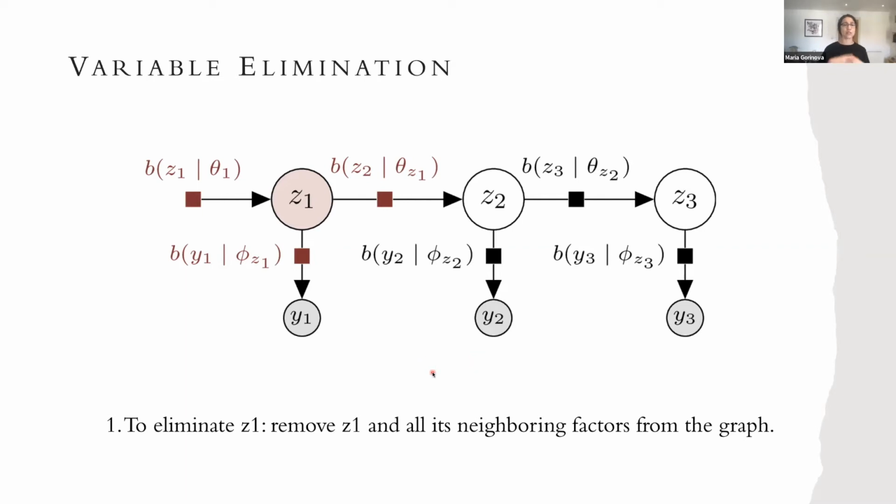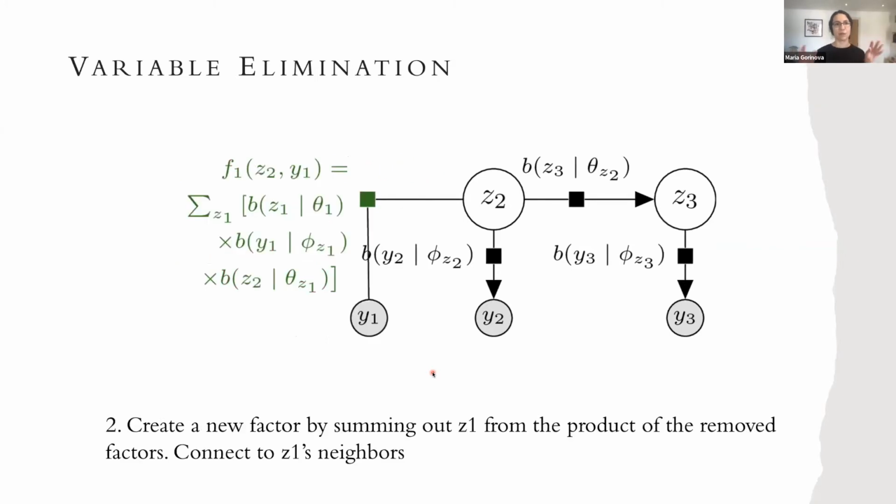Variable elimination is a very simple inference algorithm for graphical models. When we have a graphical model and we want to marginalize out one of the variables, we look at the neighboring factors, remove the variable, combine the factors into one big factor, and put a sum over all the values of that variable.